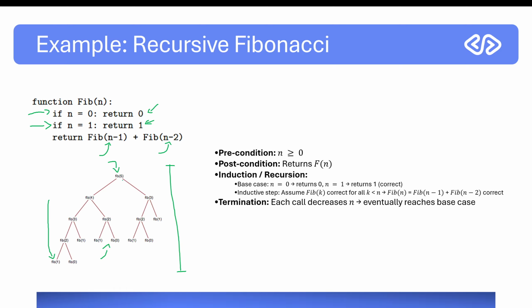We're given n, so each of those splits into 2, and then those split into 2. Something about this is, and you'll explore this in 2xc3, we are actually computing the same thing multiple times. So Fibonacci of 2 is also being done here.